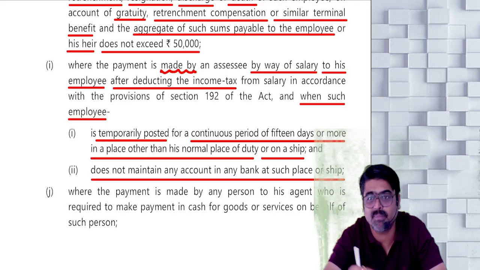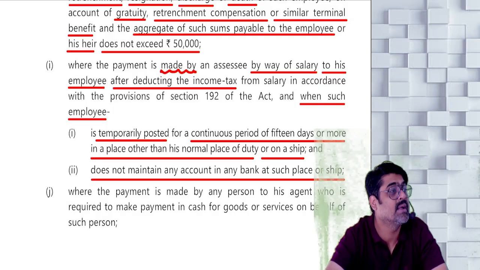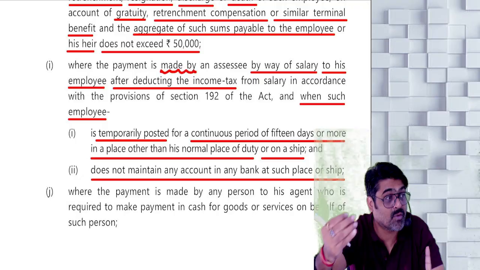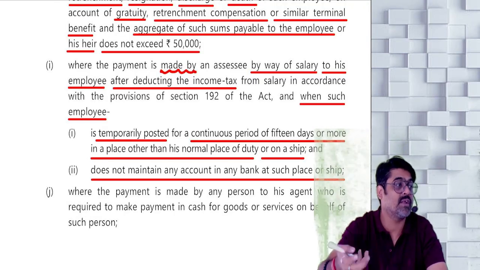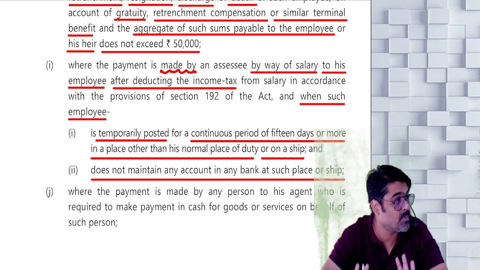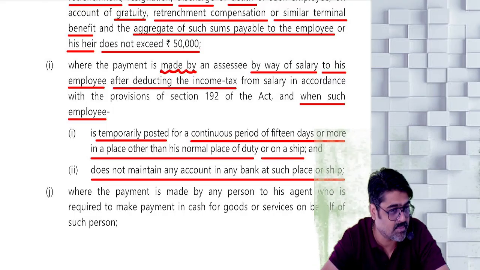I cannot make the payment through ECS, etc. Understanding? I'll have to make the payment in cash. So I made the payment in cash. But remember, I'll have to deduct the TDS from that salary. Then whatever salary I have paid to such employee will be allowed as a deduction, even if it is not paid through prescribed modes. So all these conditions must be satisfied.